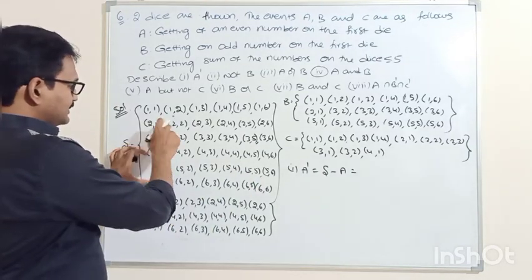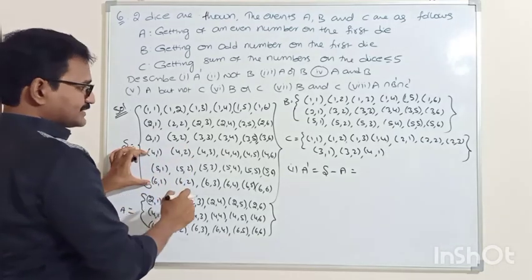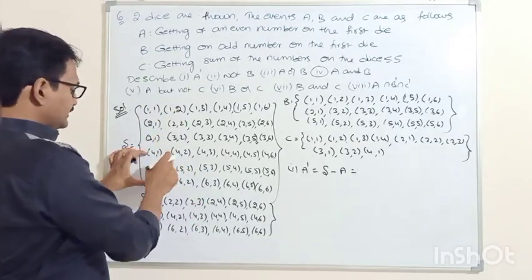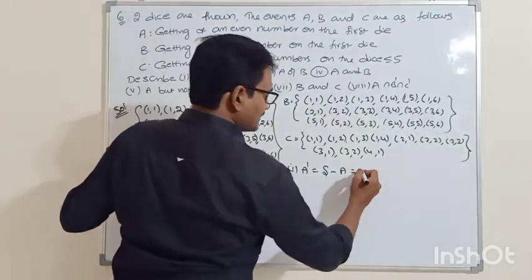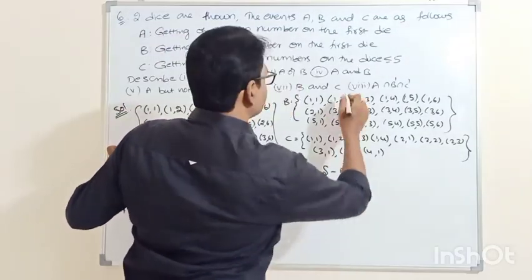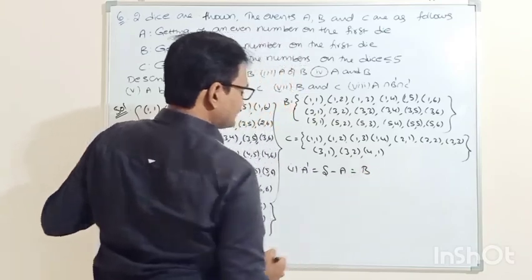So these 3 lines of sample points get cancelled. Then the 1,1; 3,1 and 5,1 rows remain. That means S minus A is equal to B.